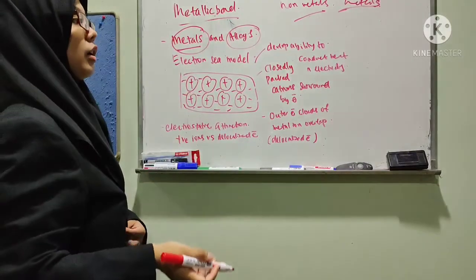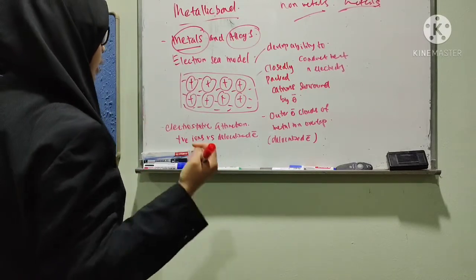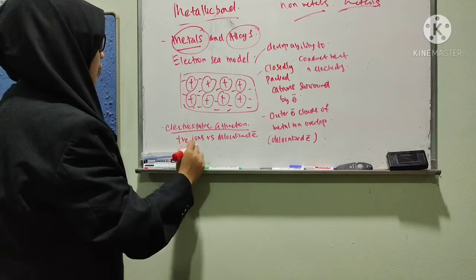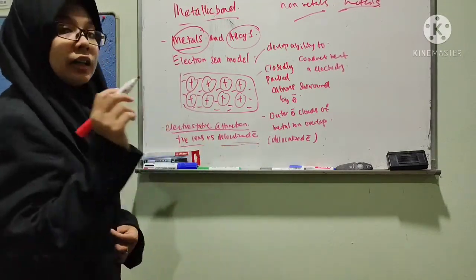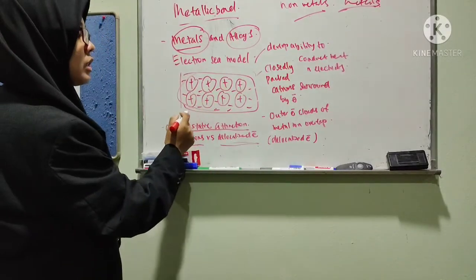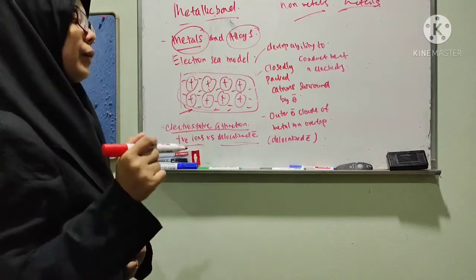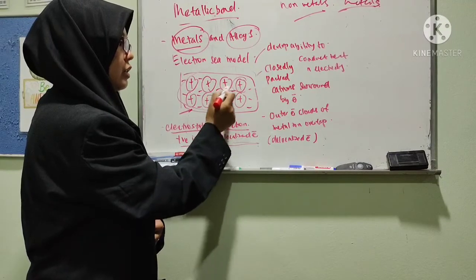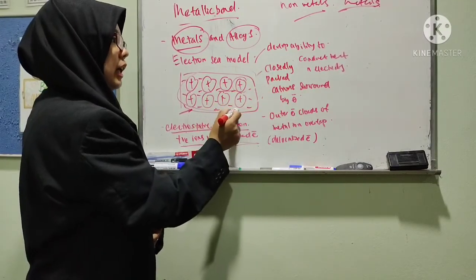Okay, and it is the condition where there is an electrostatic attraction between the positive ions and the delocalized electrons. Okay, and then they form together the electron sea model, where the positive ions, the cations, are closely packed, surrounded by the delocalized electrons.